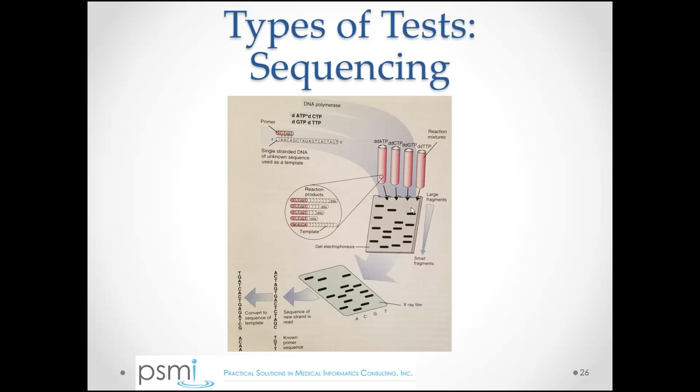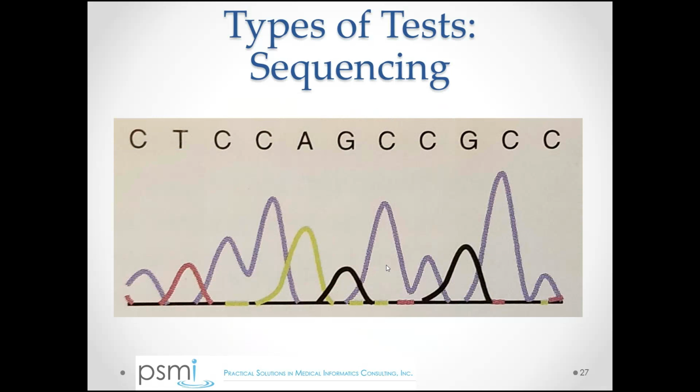But if you could possibly imagine each of these chain terminating dideoxynucleotides could each be bound to a different colored probe, you could run this in one big reaction and then during the process of electrophoresis, just see what color comes out each time. And you've probably seen pictures like this when you're looking at the results of DNA sequencing.